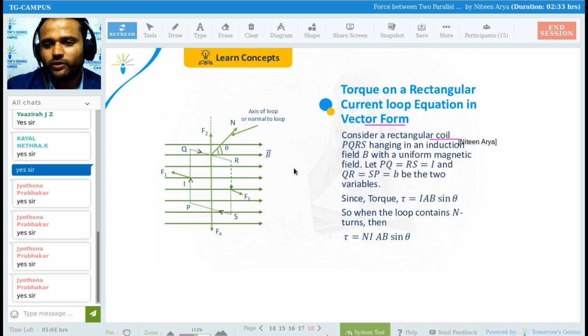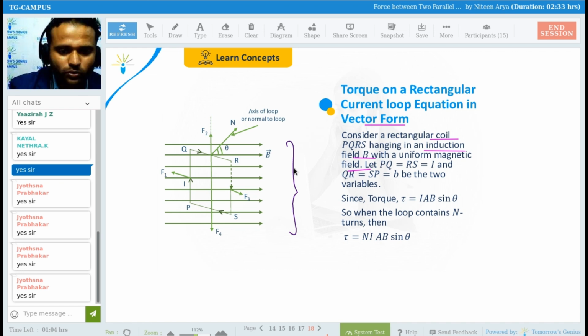Consider a rectangular coil PQRS hanging in a uniform magnetic field B. You can see that is the magnetic field, the uniform magnetic field B. So let PQRS have length L, where PQ and RS are of length L, and then QR and SP.